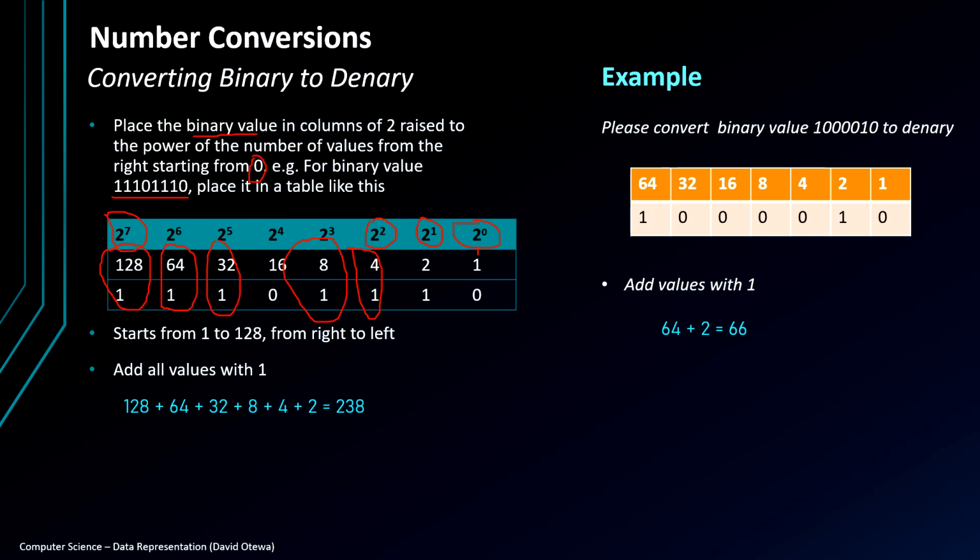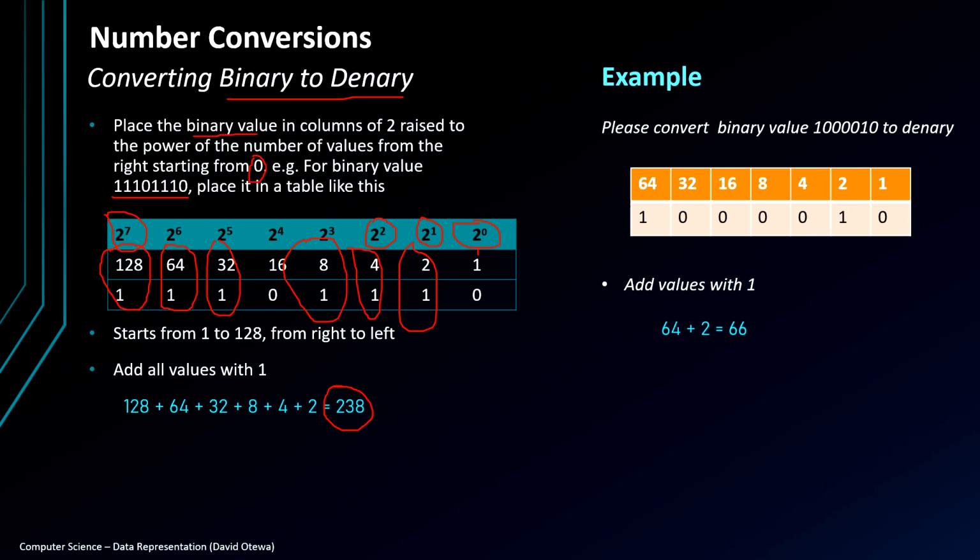These are the ones, right? Yes. So we have to add them up: 128 plus 64 plus 32 plus 8 plus 4 plus 2, and we'll get 238. So this is the easiest way to convert from binary to denary.